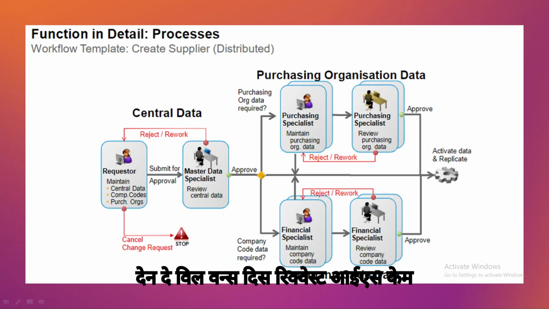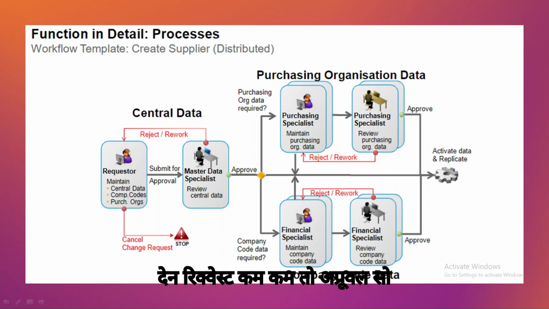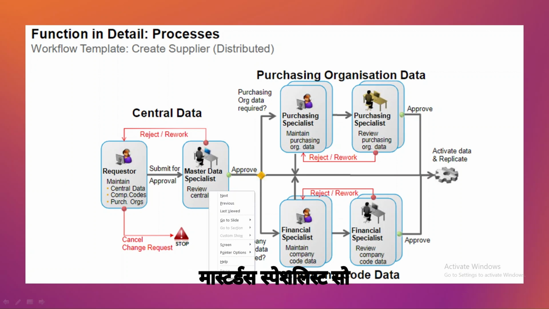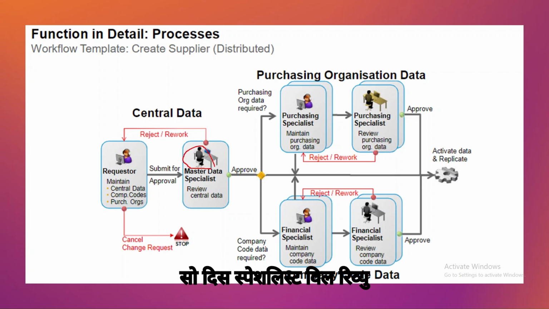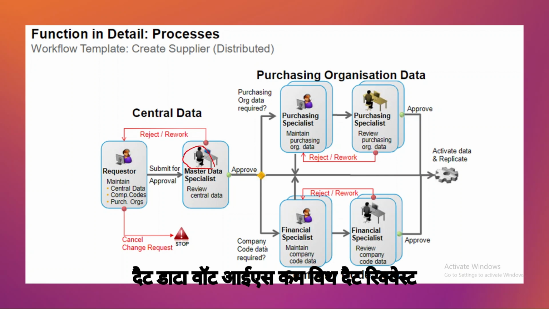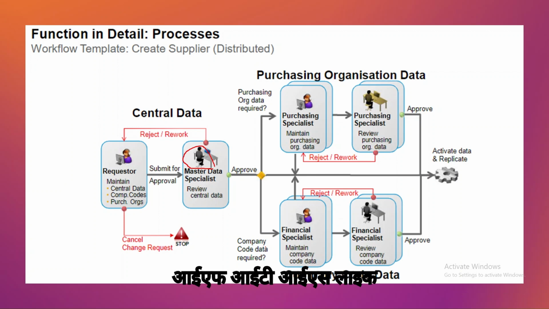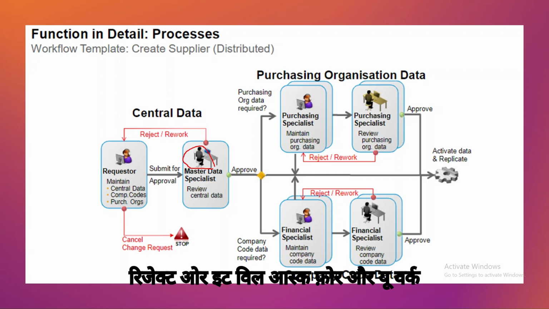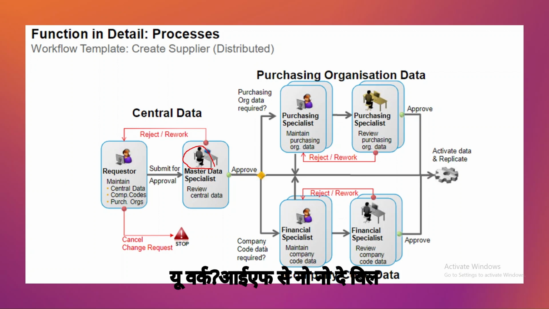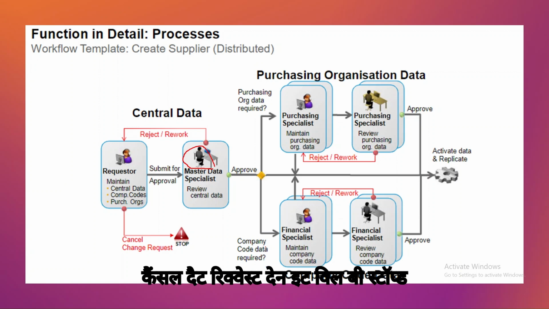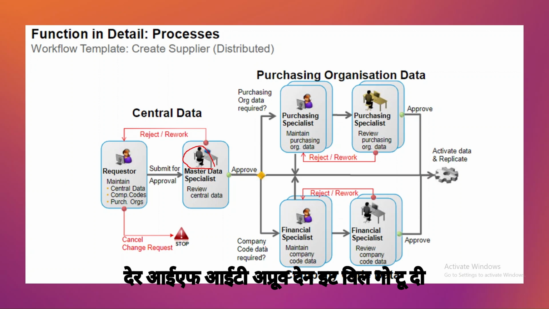Once the request comes, it goes to approval. There will be a master data specialist who reviews the data that came with the request. If it is rejected or sent for rework, the request goes back for rework. If they say no, they cancel the request and it stops there. If it is approved, it goes to the next stage.